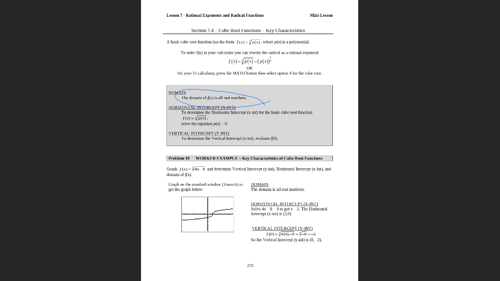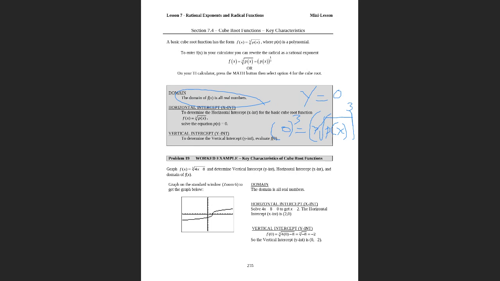Now, to determine the x-intercept, again, it's pretty much the same as we just did for square root functions. Because remember that for the x-intercept, y is always what? 0. So if you equate 0 to the cube root of p of x, to take the cube root of this, you cube this, and then you cube the 0.